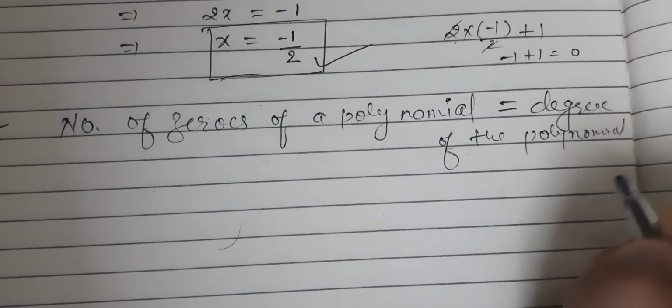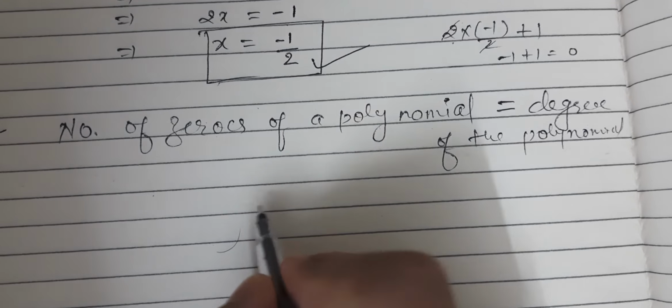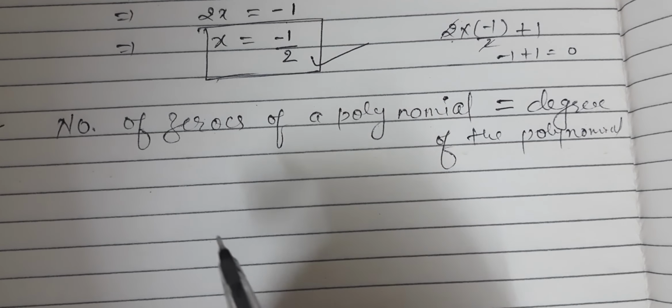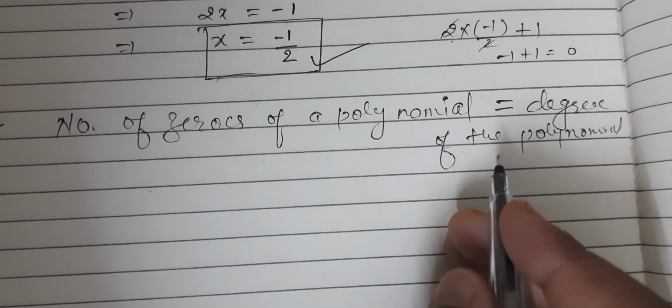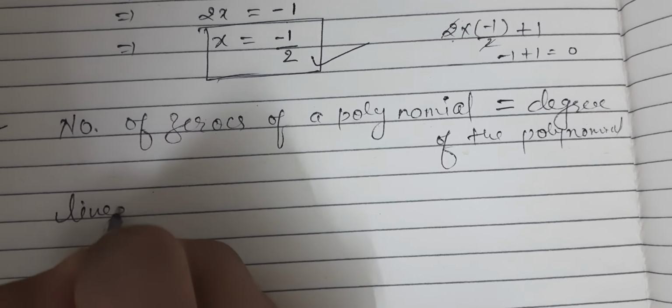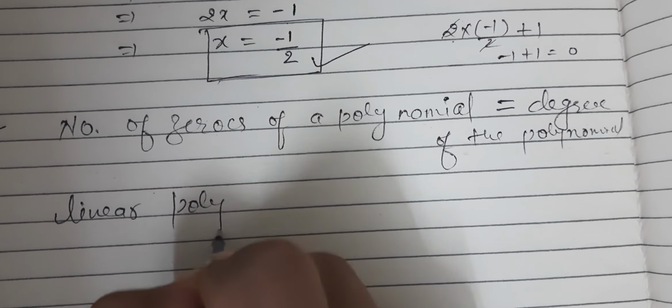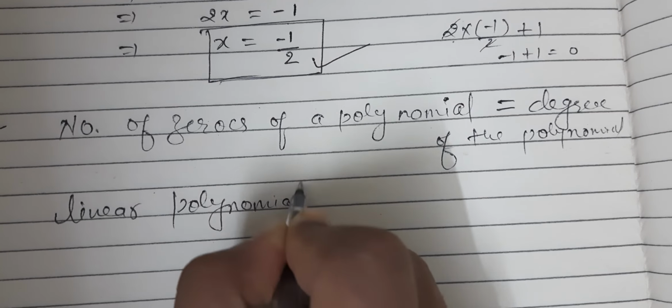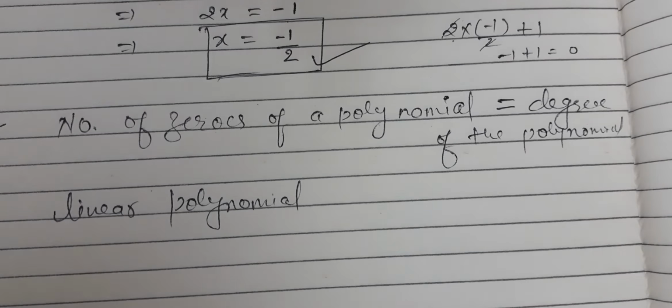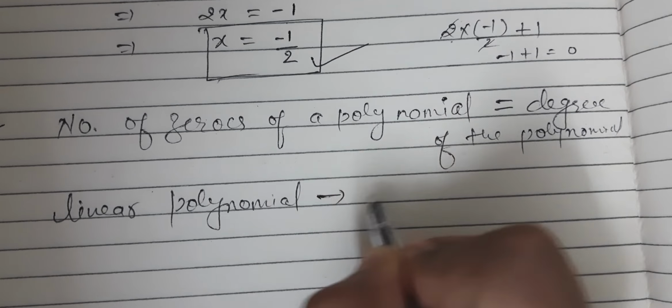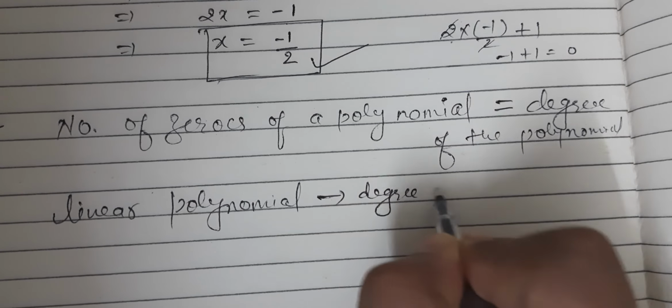Now what does it mean? It means that if the degree of the polynomial is 1, that is a linear polynomial, whose degree is 1. Degree means the highest power of the variable.